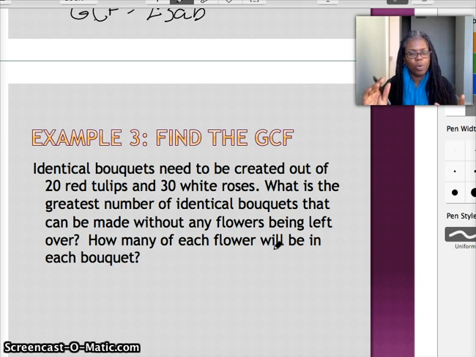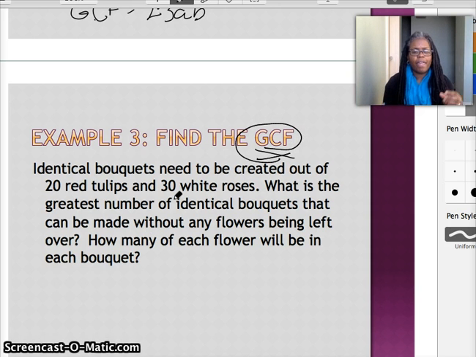So this is kind of a weird question, but ultimately what it comes down to is you're looking for the greatest common factor, right? Because what you need to do is find a way that you can divide 20 tulips and 30 roses such that you can make an equal number of bouquets, right? Because you need to make sure that you use them all, and you make sure that each number is divisible by the same number. So what we'll do is we'll look at the greatest common factor.